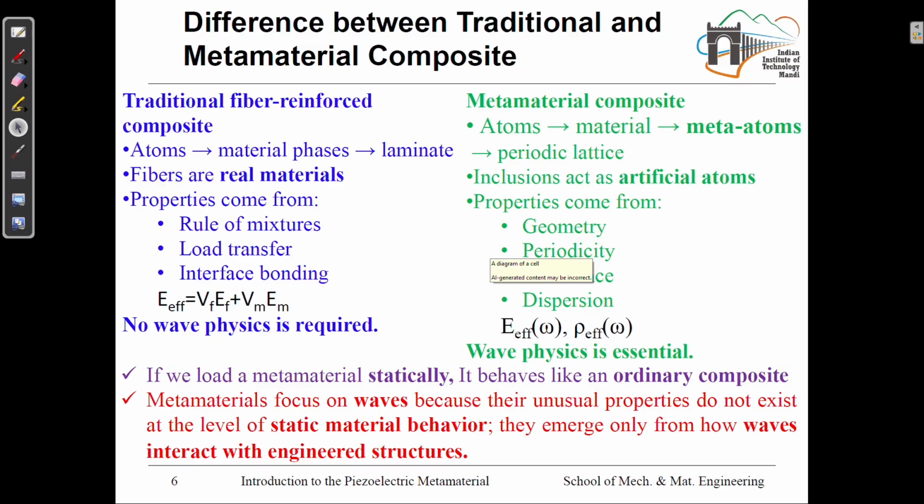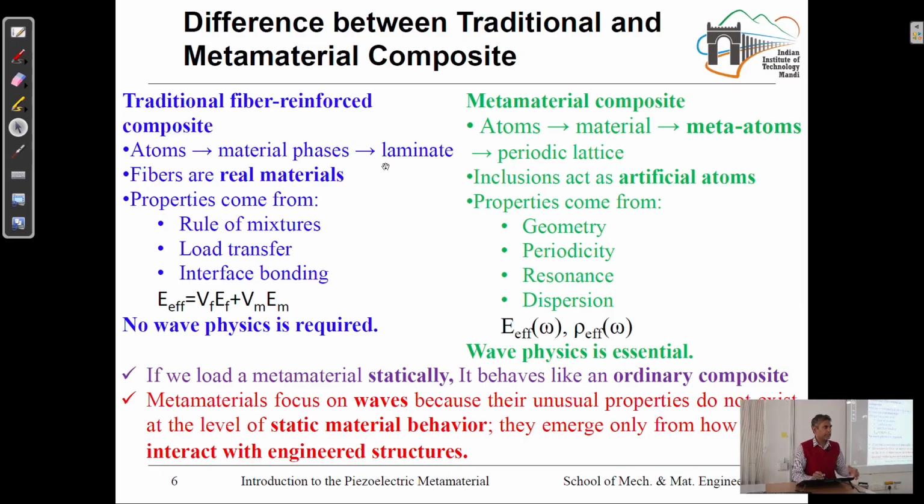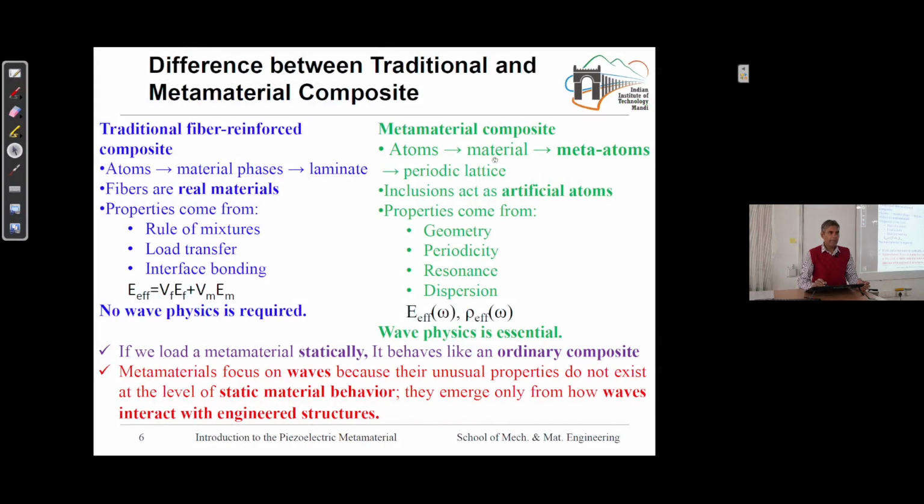In a traditional fiber reinforced composite, we have atoms, then the material phase, and then we can have a laminate, of course, for structural purposes.